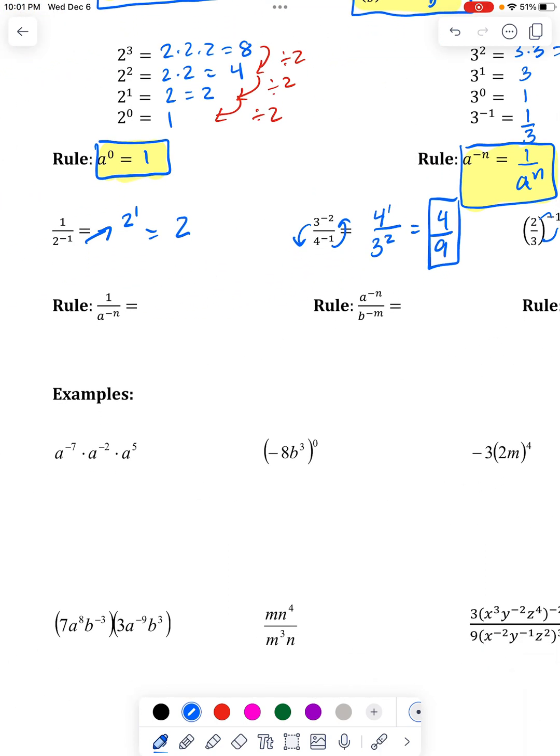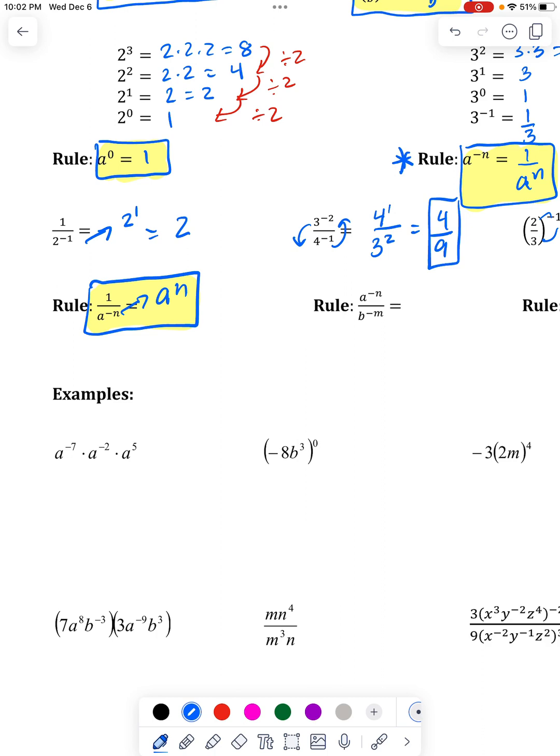So these rules right here are specific cases of really just this. Like this is saying, what if I have 1 over a negative? Well, now it's going to move to the top and become positive. But that's just a specific situation of, if you have a negative power, move it to the top if it's on the bottom.